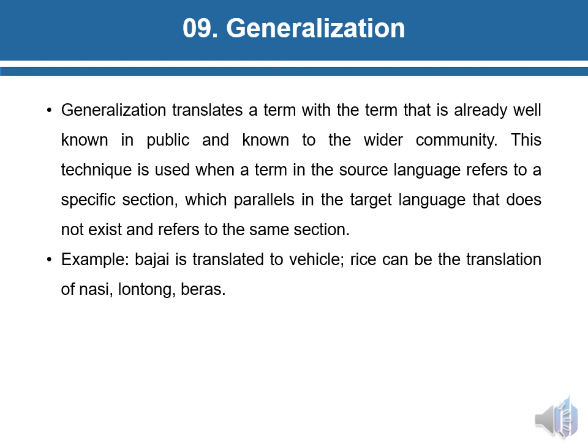This technique is used when a term in the source language refers to a specific section, which parallels in the target language that does not exist and refers to the same section. Yeah, for example here bajai. Bajai is just translated into vehicle aja. Yeah, because there is no term in the target language yang mendeskripsikan bajai.